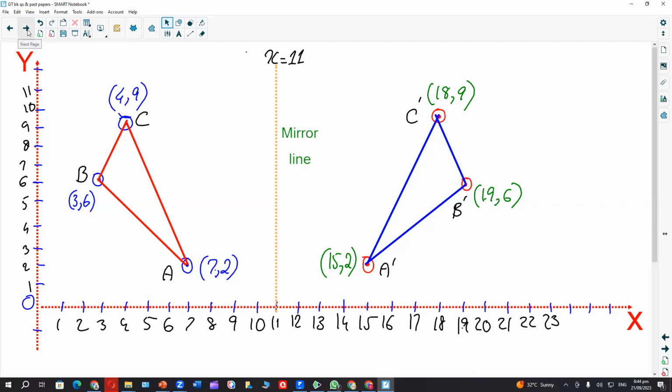Yes, I have. So now, how do we draw this mirror line? We count the boxes. Counting the boxes. Good.